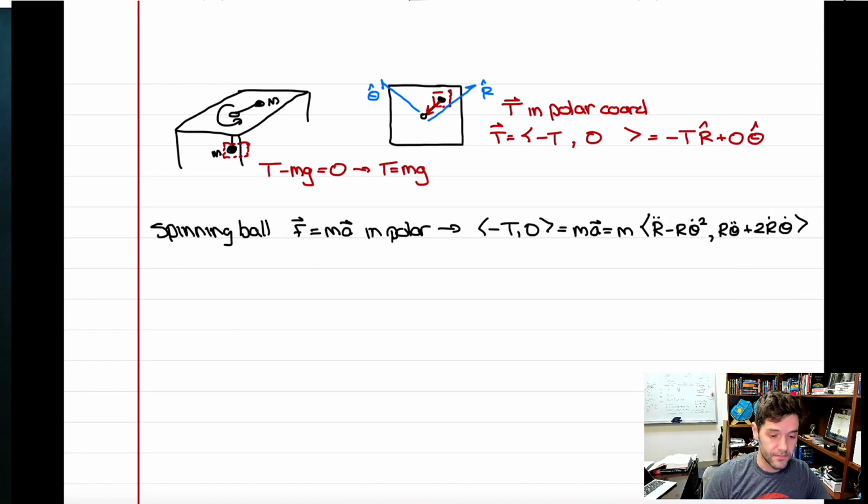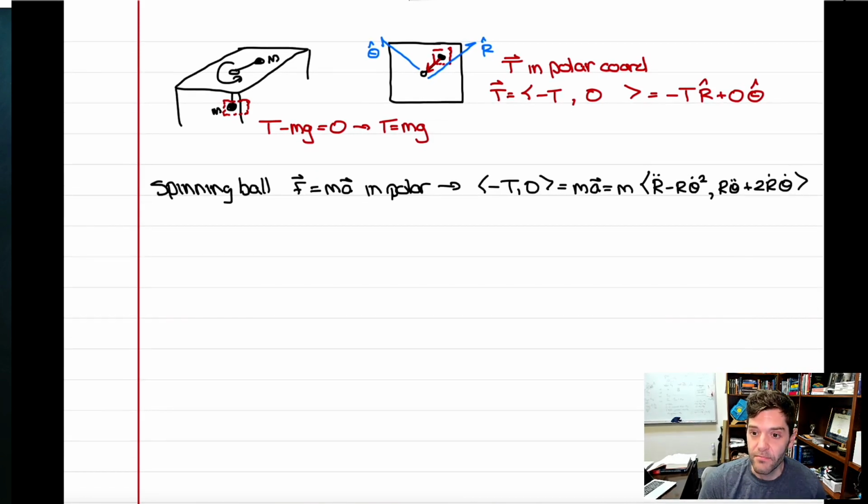And now I need to solve for what these are as functions of time, perhaps, if I want to solve this problem, which as written might seem very, very daunting to figure out what this is.